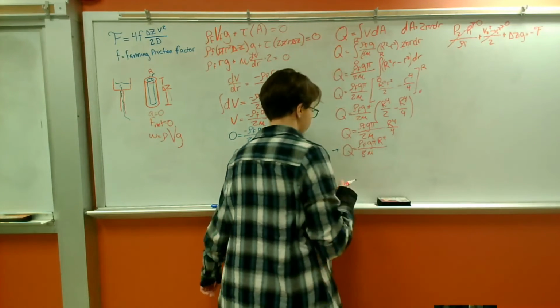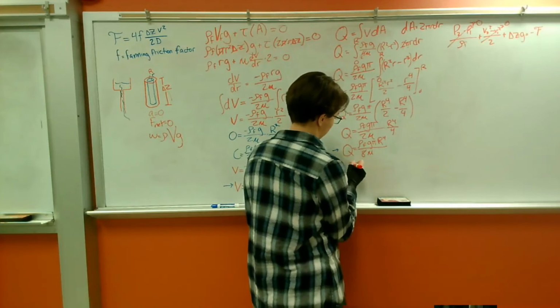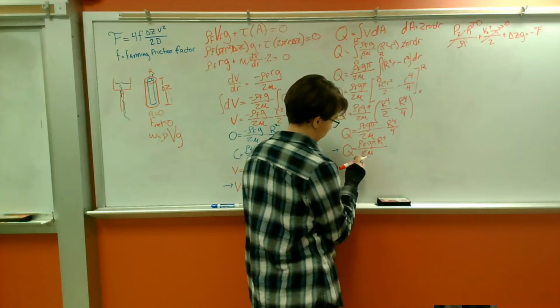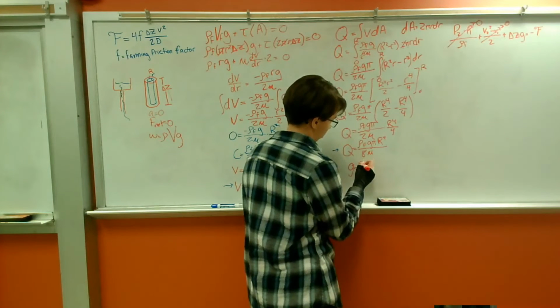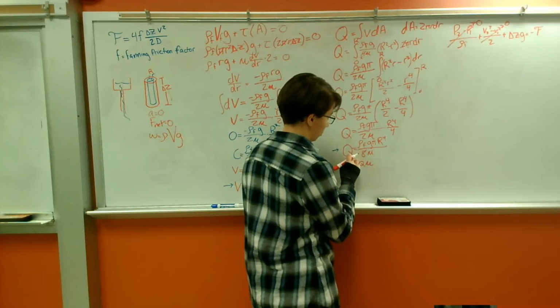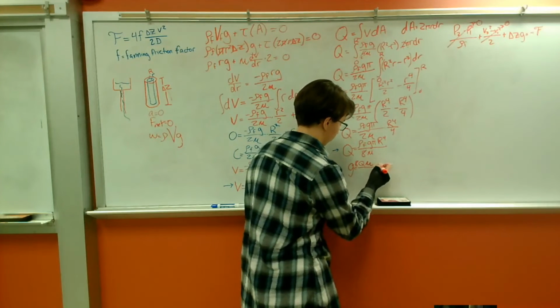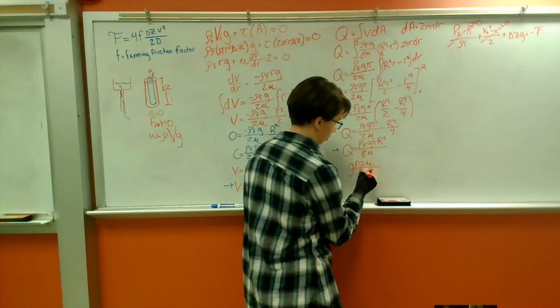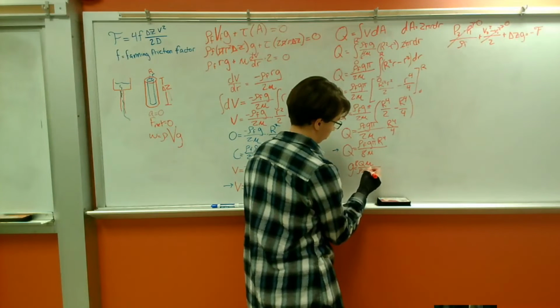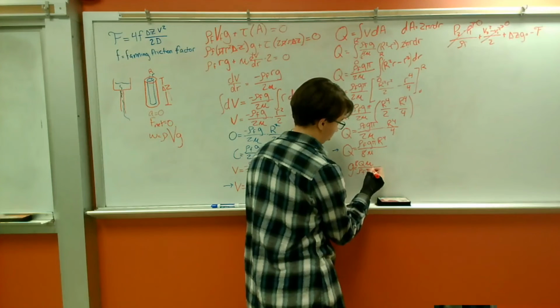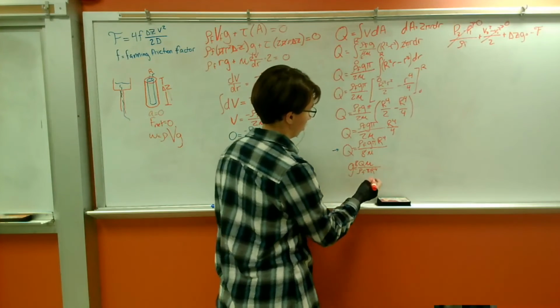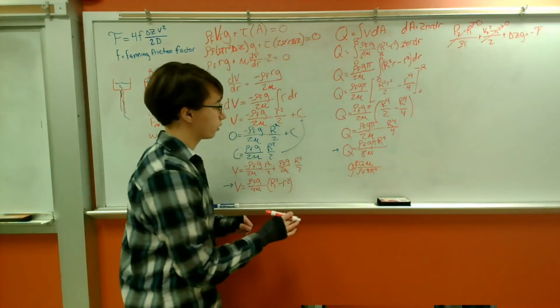So we're going to have acceleration due to gravity is equal to 8q times mu, divided over rho fluid times pi times r to the 4th. And then there's also one other thing we're going to want to do.